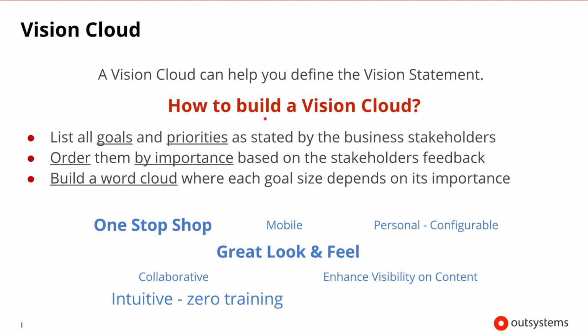To build a vision cloud, just list all the goals and priorities as stated by the business stakeholders. Order them by importance using the stakeholder feedback, and then just build a word cloud where each goal size depends on its importance. And build a vision statement, making sure to point out the most important goals.